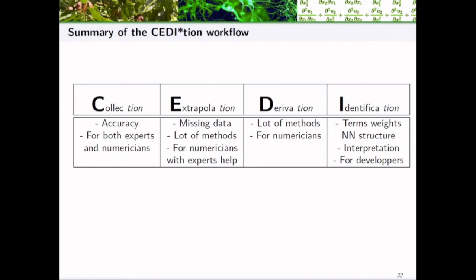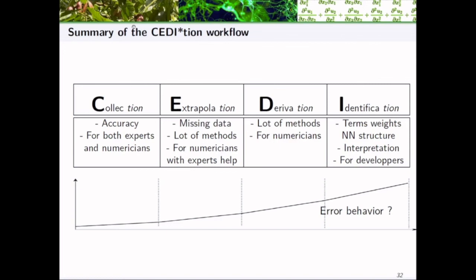We still face difficulties for the interpretation of the results, but before this, there are also stability and convergence issues. All those difficulties may result from error accumulation and propagation from one step to another. Studies have to be done to assess the error behavior.